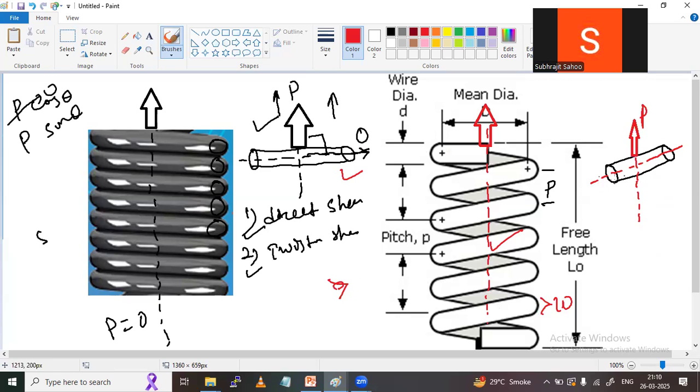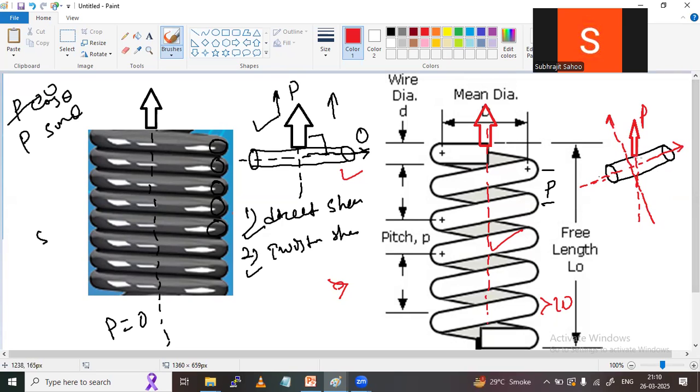So the coil is making some angle. There is the horizontal axis of the wire, and then the vertical axis to the wire. So one axis here, another axis here.